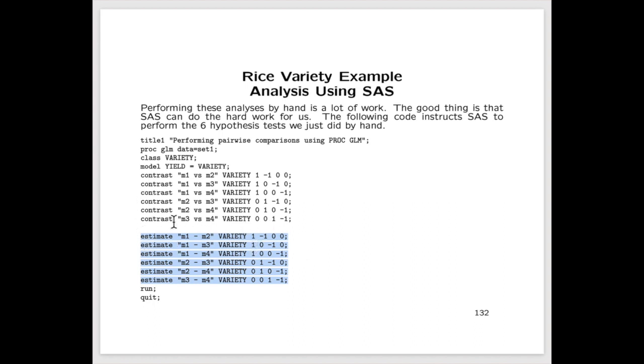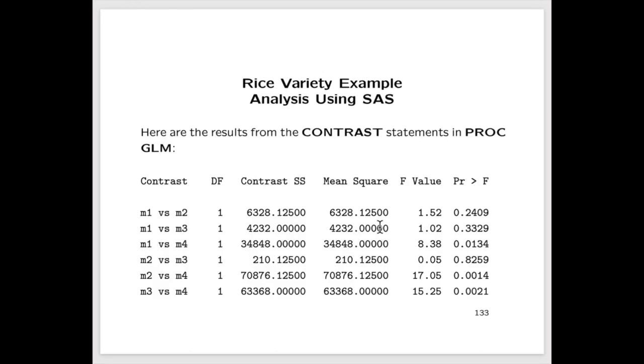But the additional thing that the estimate statement will provide is a point estimate for the difference, or the point estimate for the contrast that we're actually testing hypotheses about. All right, and so these contrast and estimate statements will do all of those calculations with the exception of calculating the confidence intervals. We'll see how to do that in a second. All right, so let's look at these results.